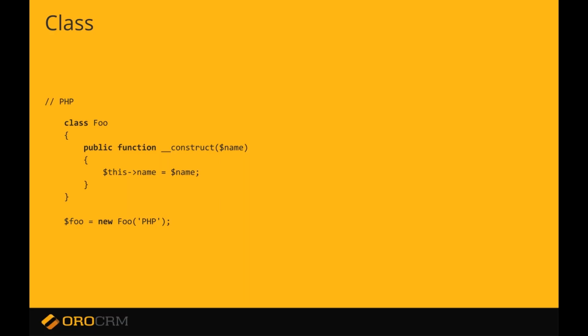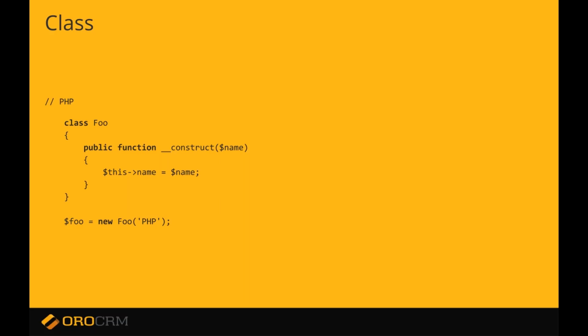So in PHP, we have to declare a structure as a class, and define the constructor method if we need. This constructor method will be invoked automatically when we create an instance of the class. In the constructor, we put some logic that has to be executed once the instance is initialized.